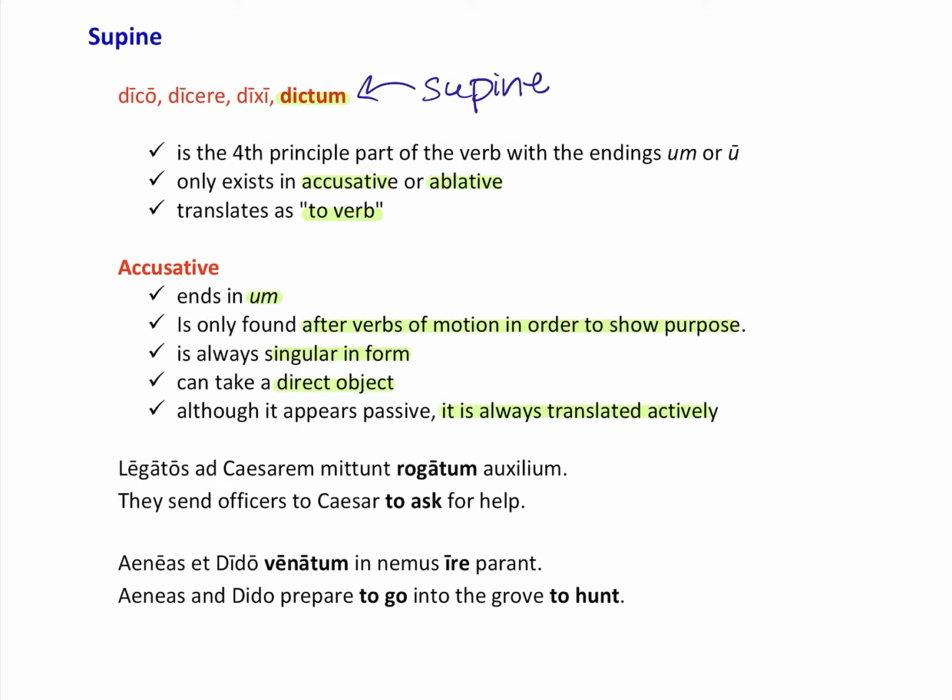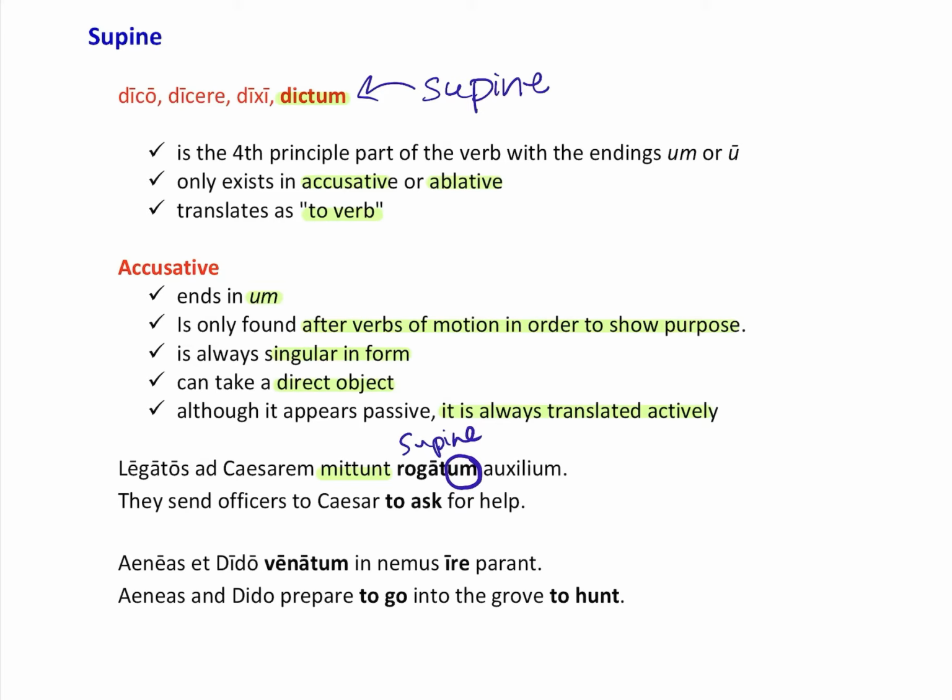Legati ad Caesarem mittunt rogatum auxilium. So here rogatum is the supine. We can see it's the accusative form because it ends in -um. And here the verb of motion is mittunt, which means to send.